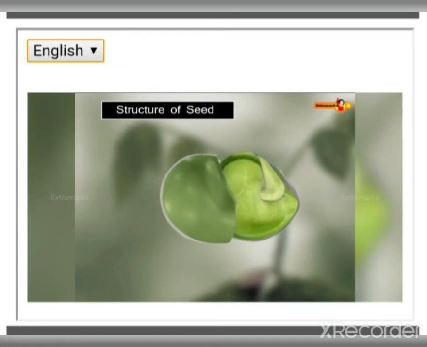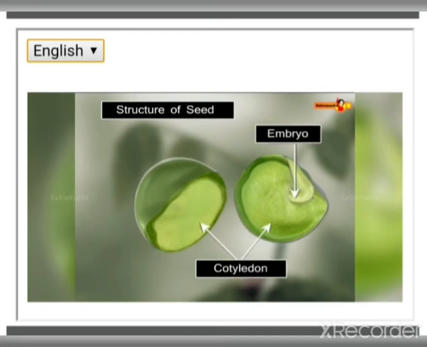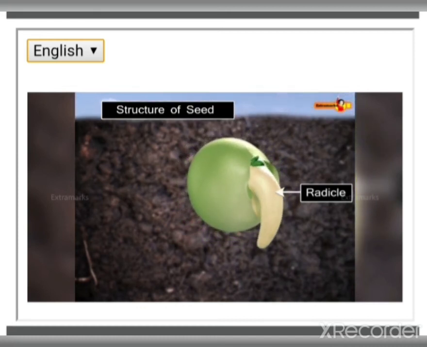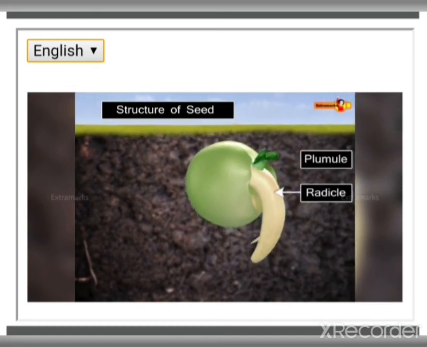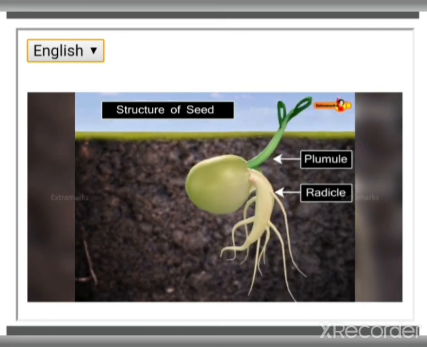A seed encloses a tiny plant called embryo, and cotyledon, the reserve food for the developing embryo. Embryo comprises two main parts, plumule and radicle.